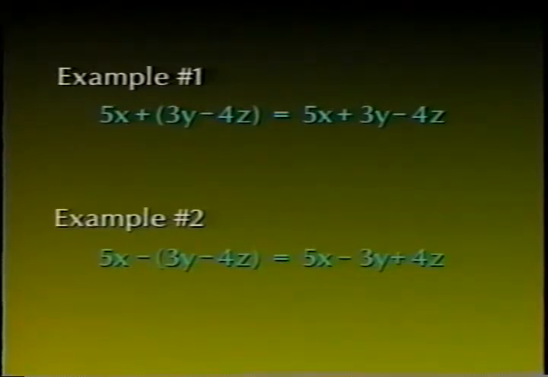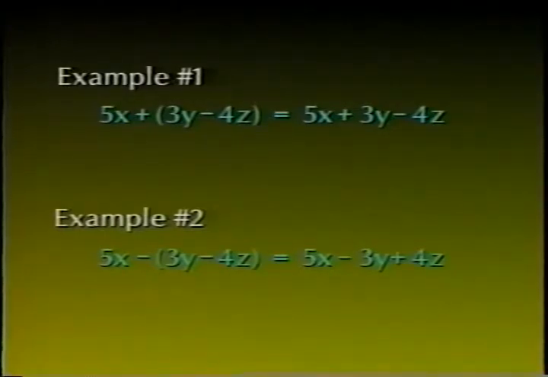First, 5x plus 3y minus 4z equals 5x plus 3y minus 4z. Second, 5x minus 3y minus 4z is reduced to 5x minus 3y plus 4z. Oftentimes there are several groups in one problem. In this case, remove the inner set first and then the outer set and so on, following the prior stated rules.